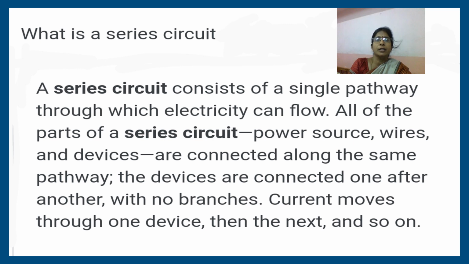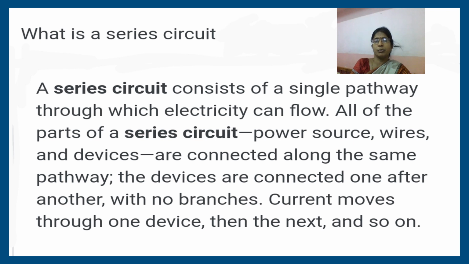So here this sentence means that all of the parts of a series circuit, power source, that is a battery, wires and other devices, they are connected along the same path, means they are connected in a single path, and these devices are connected one after the other without any branches.